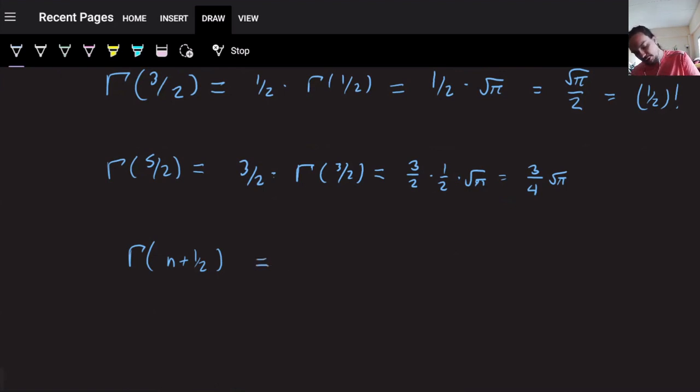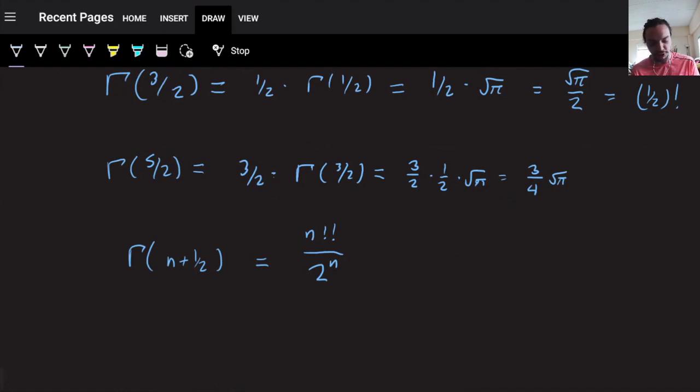2 to the n on the bottom. And then on the top, we got the double factorial of 2n minus 1. So what does double factorial mean? Double factorial means that you're just going to take the odd numbers going down to 1.